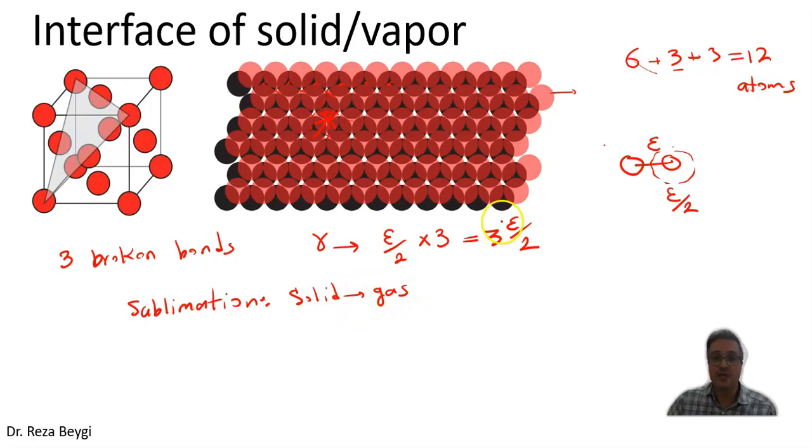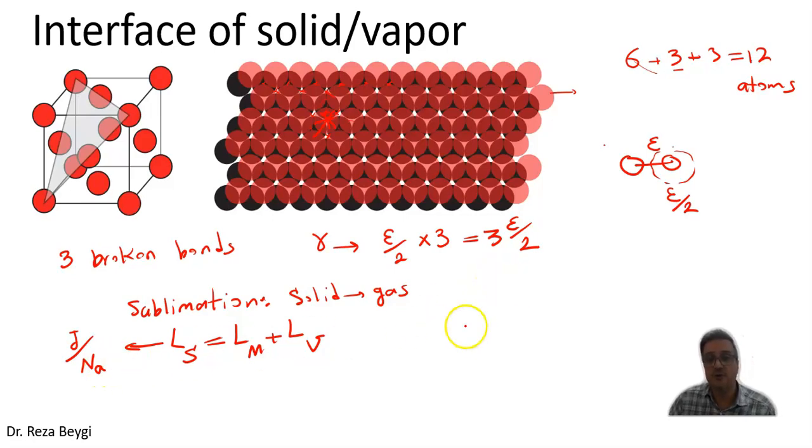If we want to relate the amount of epsilon to the latent heat of sublimation, we should bear in mind that the latent heat of sublimation, which we show with Ls, is equal to latent heat of melting plus latent heat of vaporization. And we can relate this amount to epsilon, because this latent heat of sublimation is expressed in the unit of joule per mole. Mole means the Avogadro number.